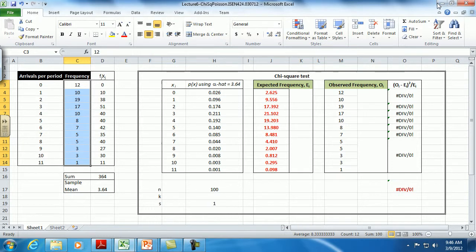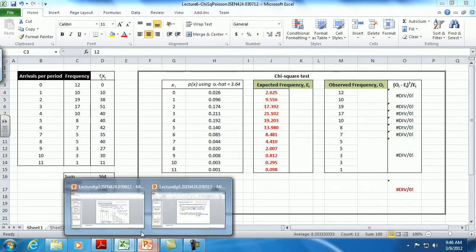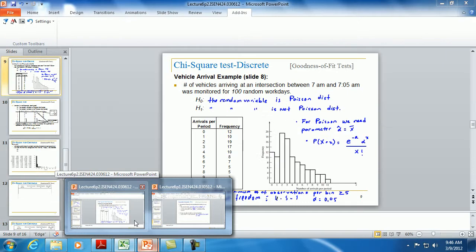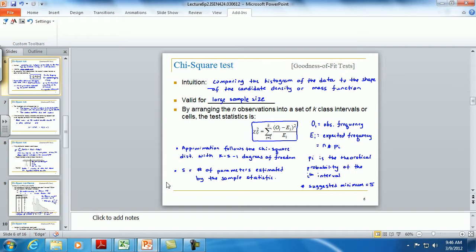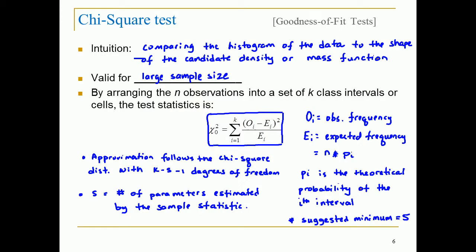The expected number of observations, for a discrete, and for the continuous as well, is n times the probability of that random variable.